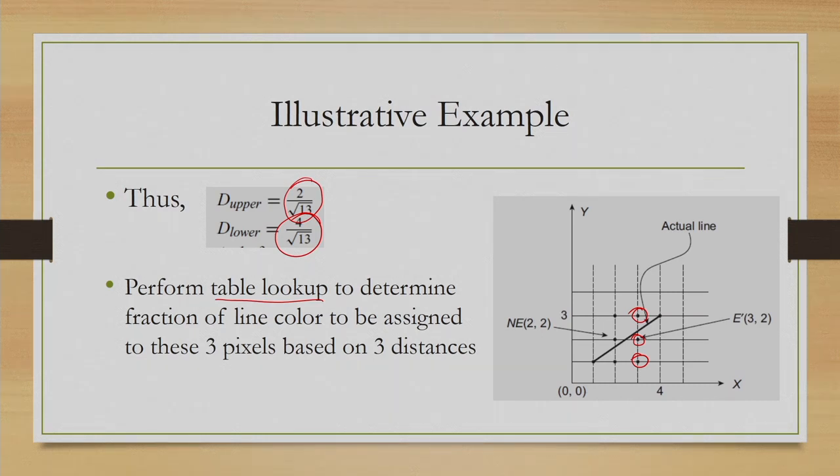So, in summary, what we do in this Gupta-Sproul algorithm is we do not simply assign line color to the pixels that are chosen to represent the line. Instead, we choose pixels following a particular line drawing algorithm and then compute 3 distances: distance of the pixel from the line and distance of the neighboring pixels from the line.